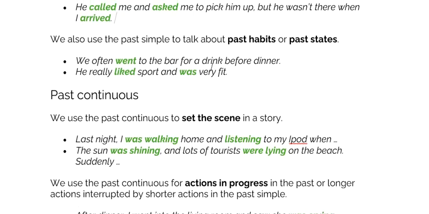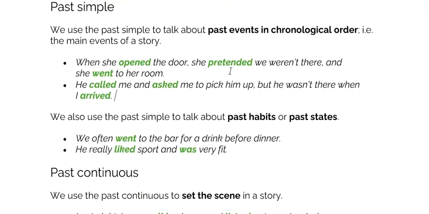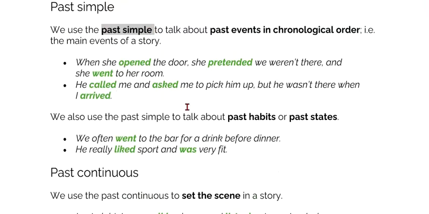In our storytelling, sometimes we need to talk about habits, or states that existed in the past, so we can easily use simple past. Okay, so let me just read this part again. We use past simple to talk about past events in chronological order, time order, okay?